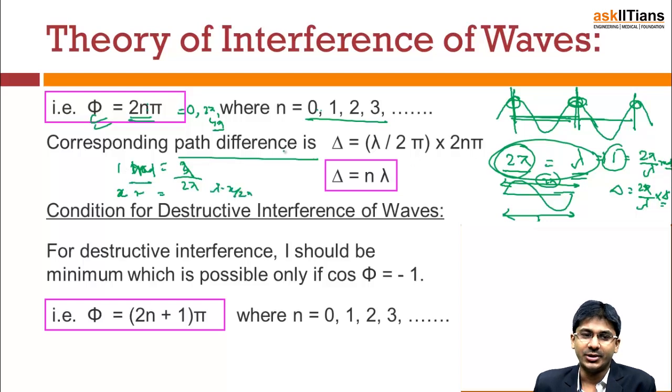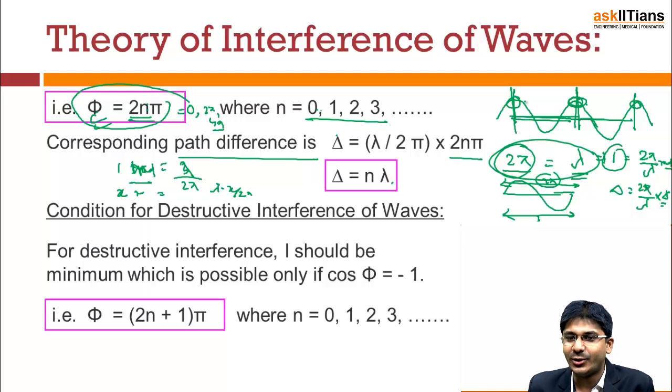So this is the same thing. When you have a phase difference of 2n pi, what will be the path difference? The path difference is lambda by 2 pi into 2n pi. When you cancel, you get delta x is n lambda. So you can see what exactly is happening, that the path difference has to be an integral multiple of lambda. N is again an integer.